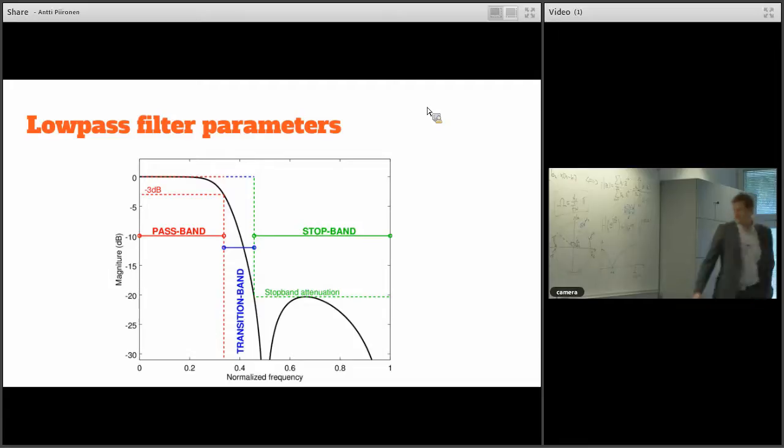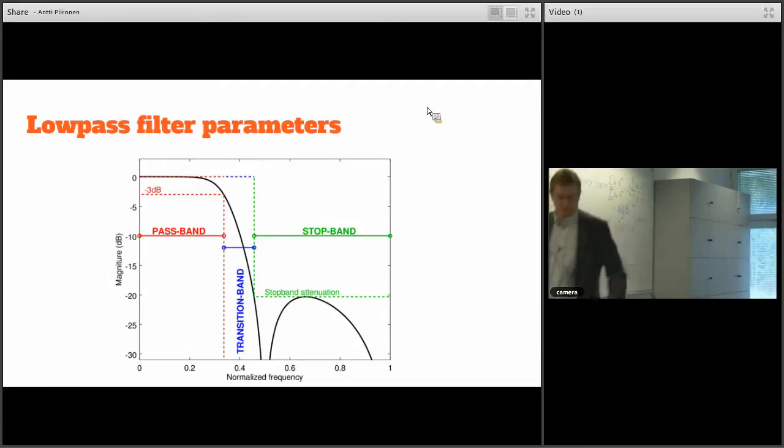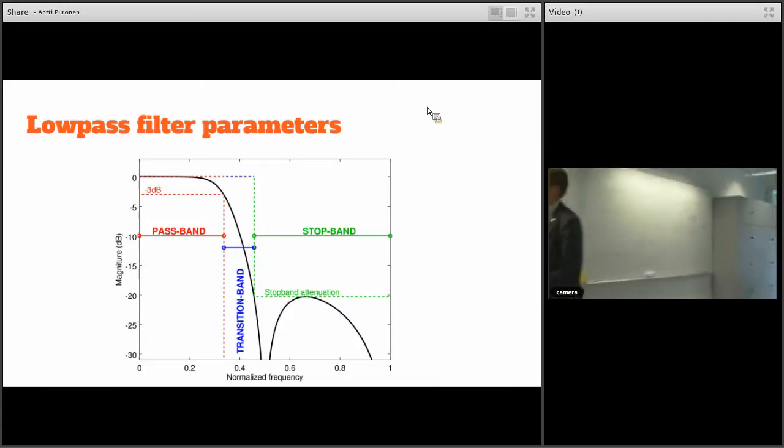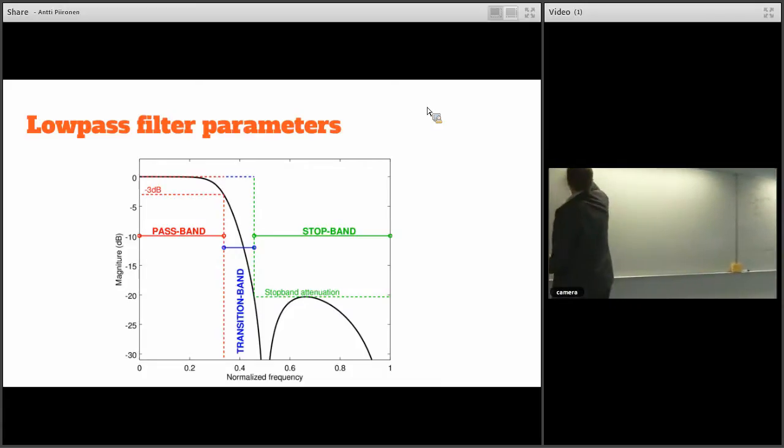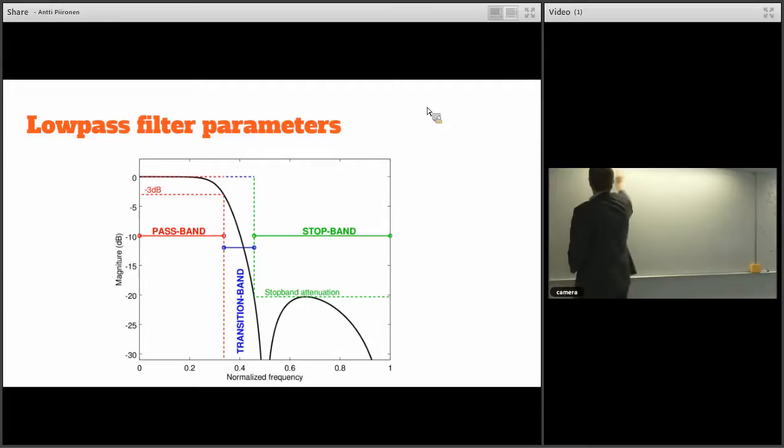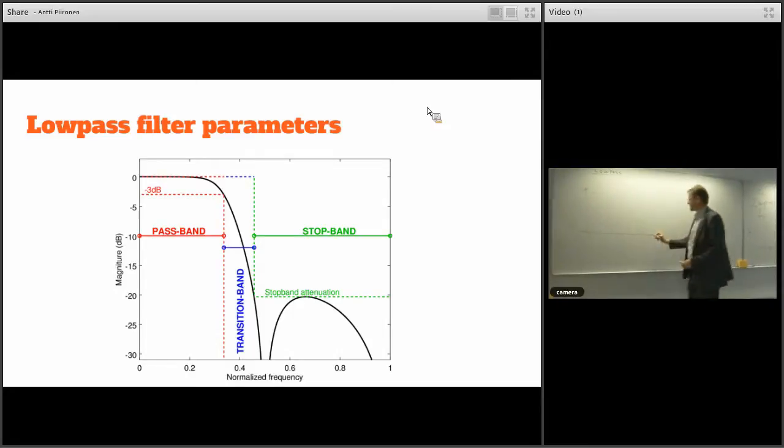Low pass filter. Let's take a look first at that one. Filter parameters, and I'll just start with the digital filter. So that's our Nyquist frequency, or pi at omega.